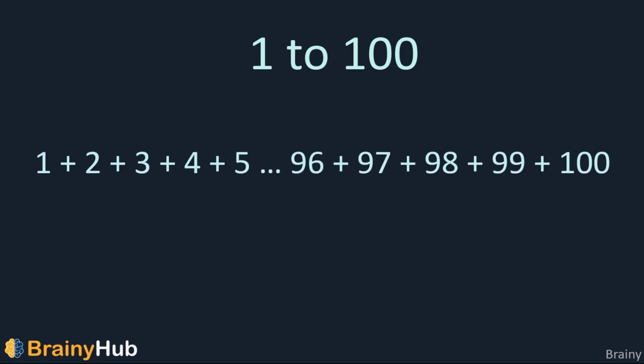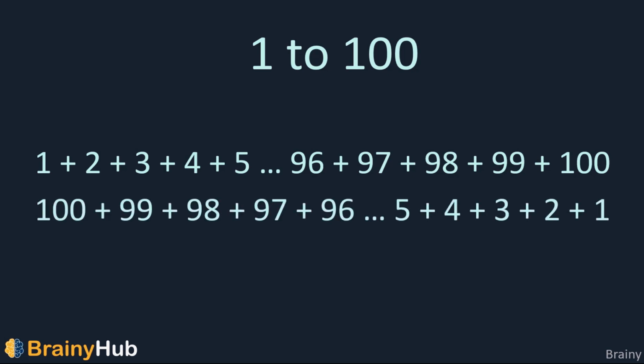So what Carl did was something like this. If we have all of the numbers from 1 to 100 and then we add them, 1 plus 2 plus 3 plus 4 like that, and if we invert those numbers and have them below the first sequence, so 100 plus 99 plus 98, so on and so forth, if we add these two numbers it will be 101. If we add these two numbers it will be 101.